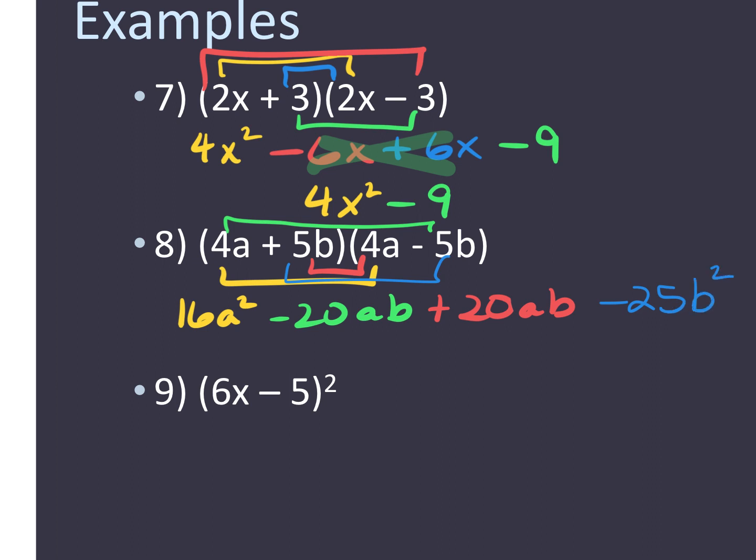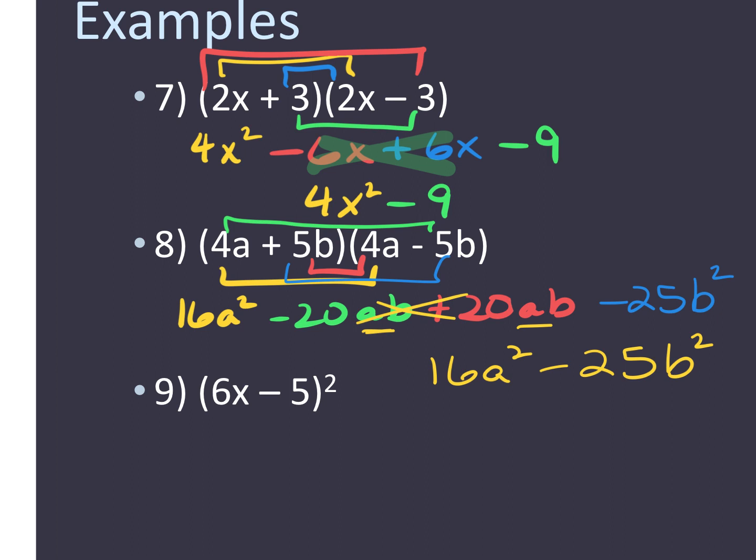So notice by putting this in as AB on both, it's easy to see that negative 20AB plus 20AB cancels this. And then now my final answer is the difference of two squares, 16a squared minus 25b squared.